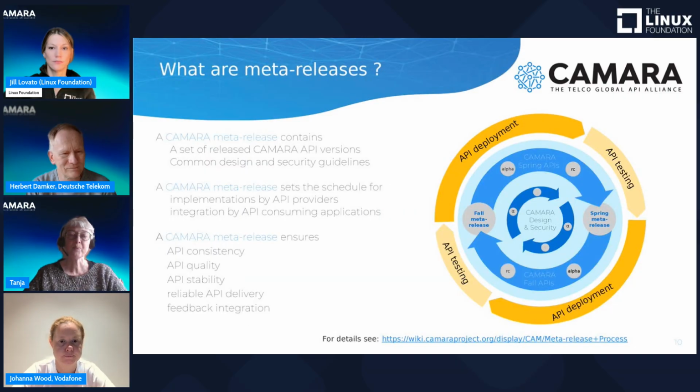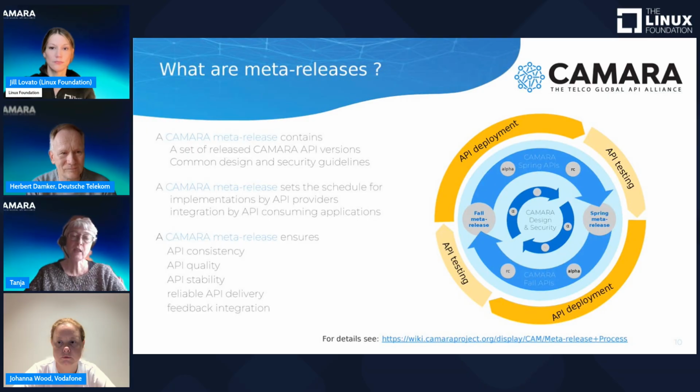Next slide, please. So then what is a meta release? A meta release is really a set of released CAMARA API versions that are released together and aligned together to a set of common guidelines for design and security. The meta release also sets the schedule, so that it's easy for API providers who want to implement the APIs to know when they can get their next version or new versions of APIs.